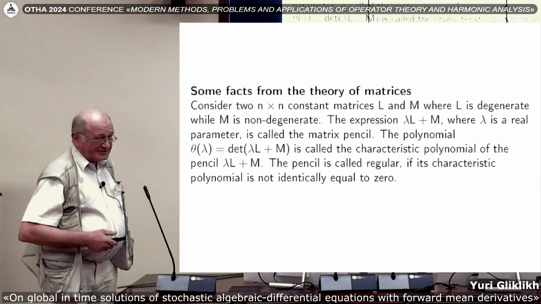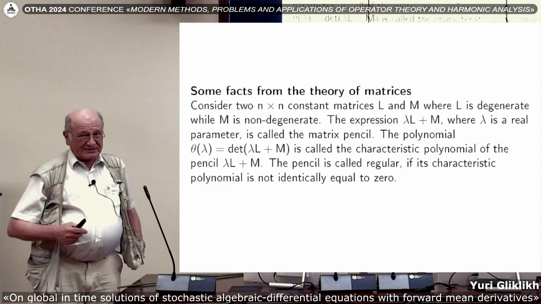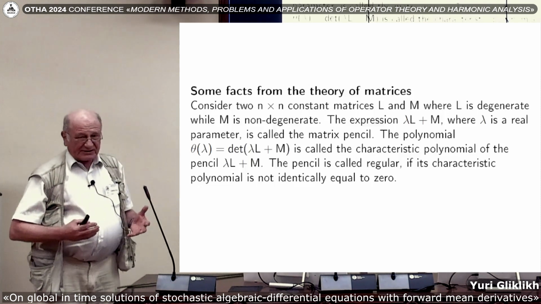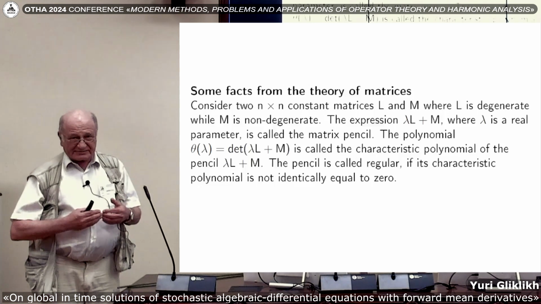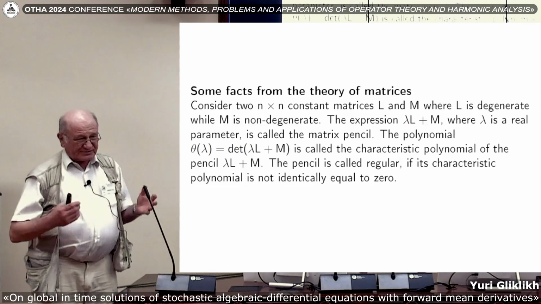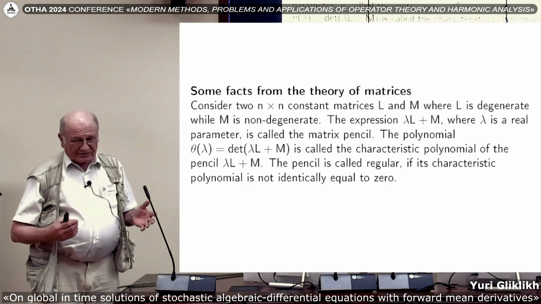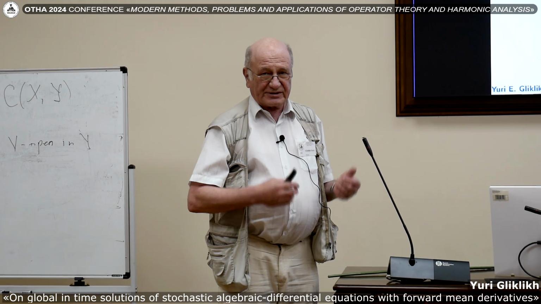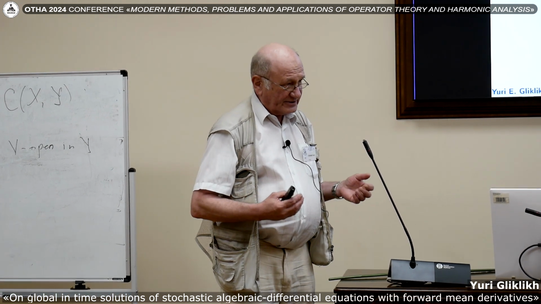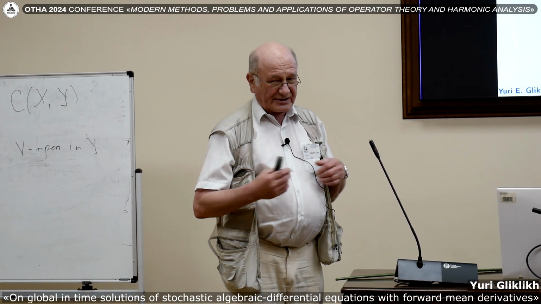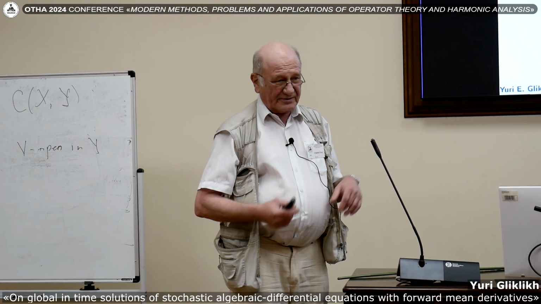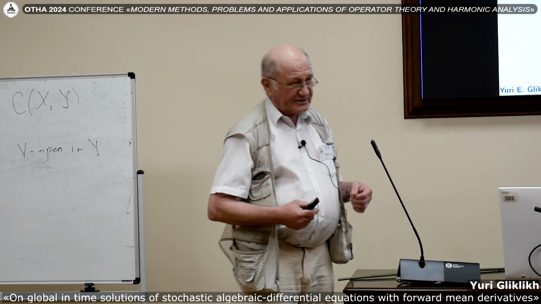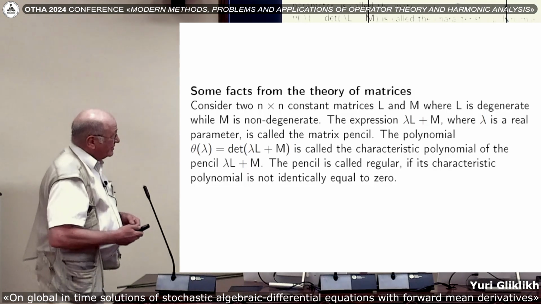This means that its phase space is constructed by two different sets: on the first one, the equation has one form, stochastic, and on the second, it's another form. On the second, it's in fact algebraic.